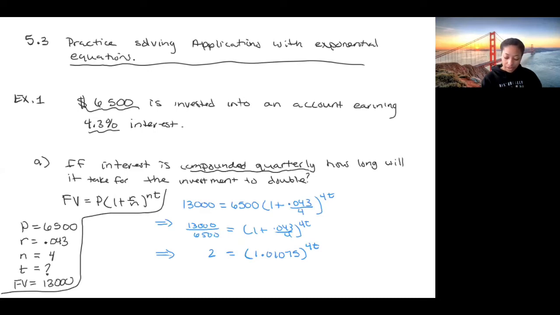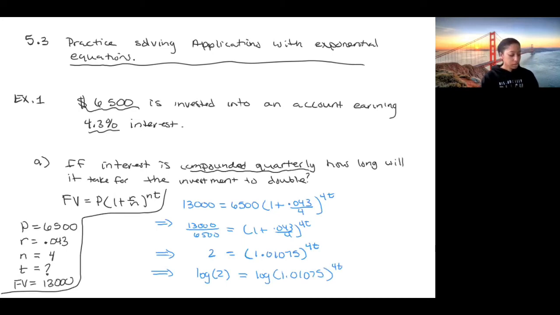All right, then from here, we're gonna run out of space, but that's okay. Once we have our exponential term isolated, so the right-hand side has our exponential term isolated, then we want to take the log or natural log of both sides. Let's go log. So log of 2 would be equal to log of 1.01075 to the 4t power.